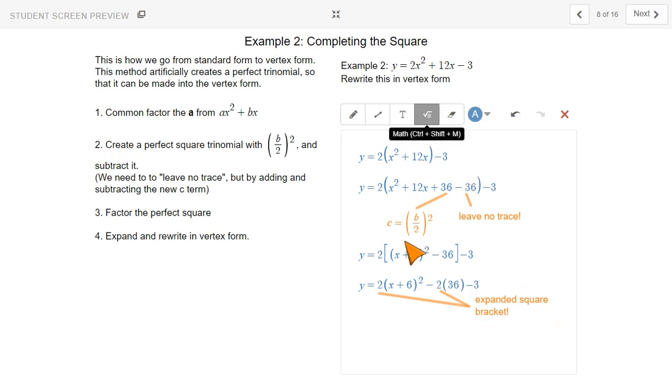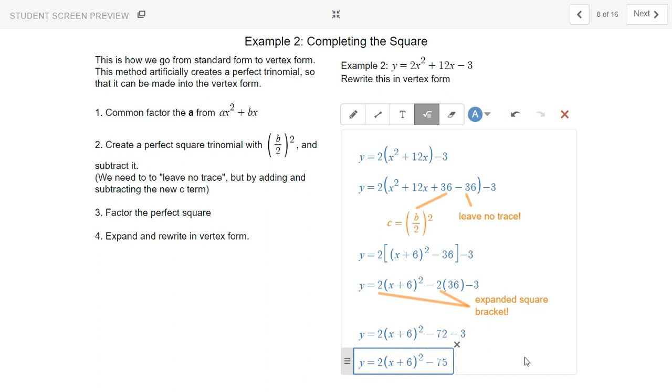So now that we've expanded the square bracket, we're going to collect the like terms. 2 times x plus 6 squared minus 72 minus 3. And finally, we have y is equal to 2 times x plus 6 squared minus 75.